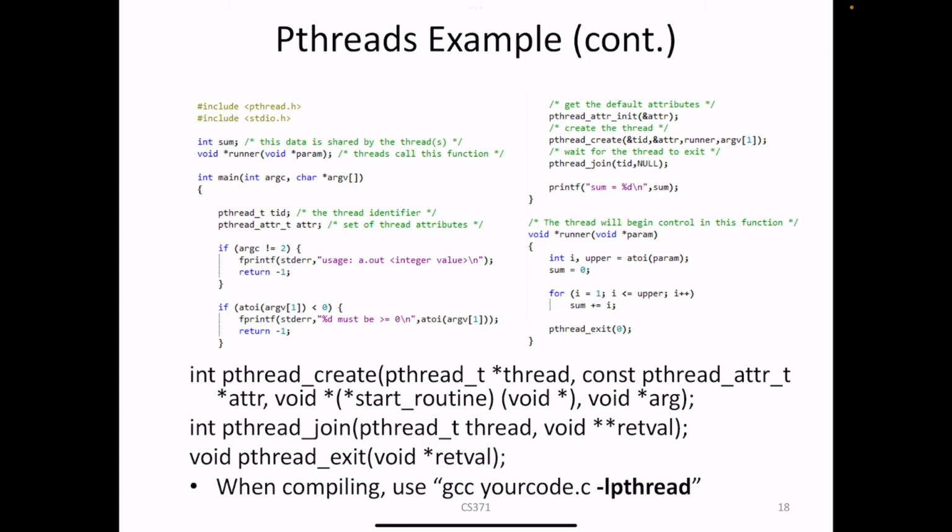If you only type in gcc ucode.c, the compiler will complain that the pthread functions have not been defined. After you add -lpthread, the compiler will link the pthread library into your program. Then the pthread functions will be found inside the pthread library and your program will compile without any problem.